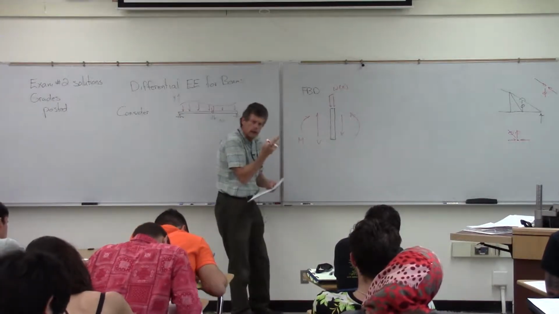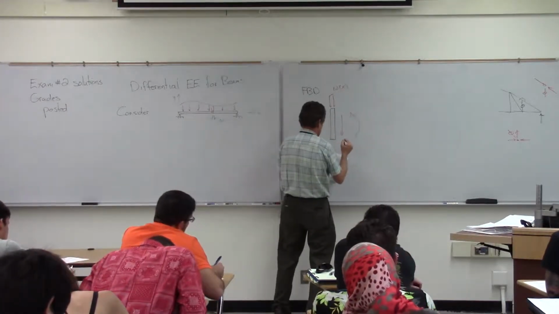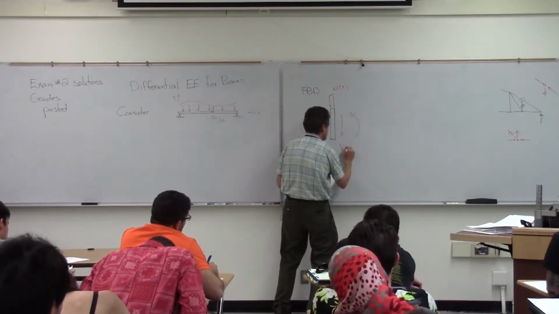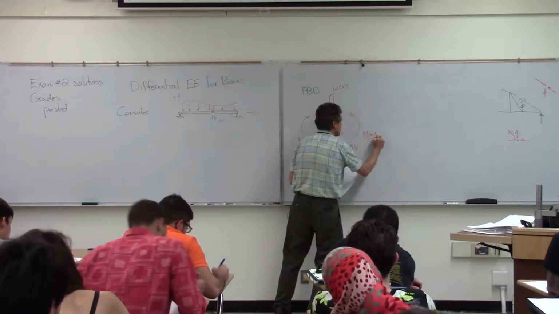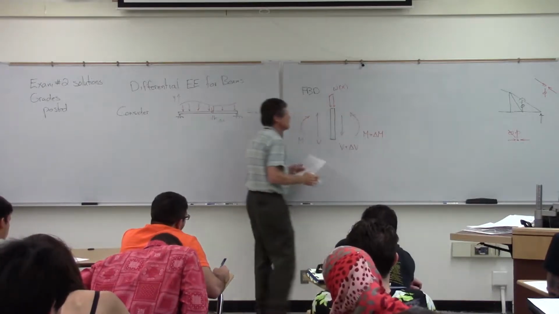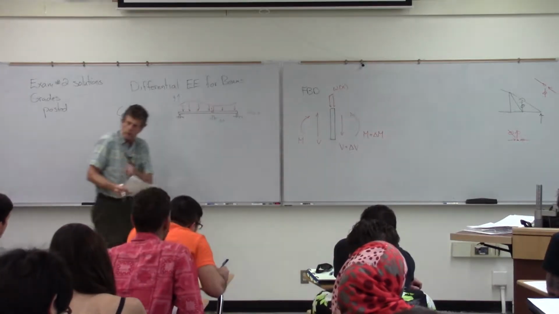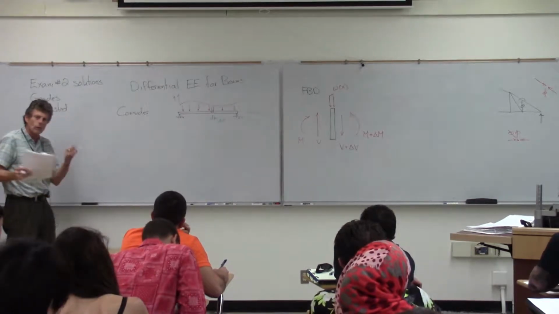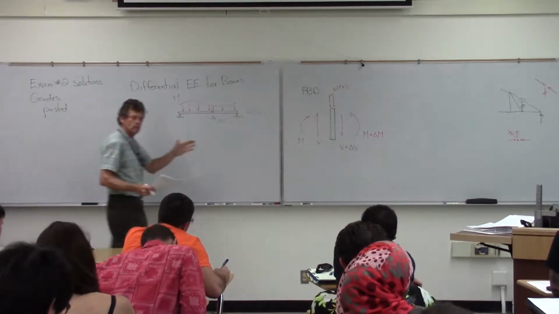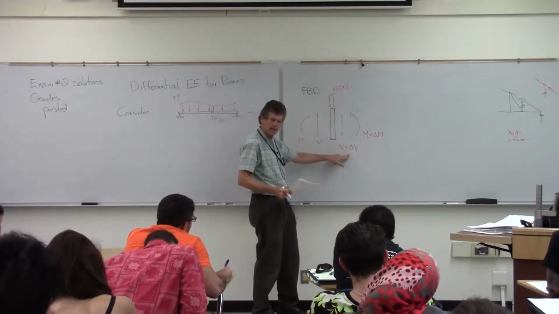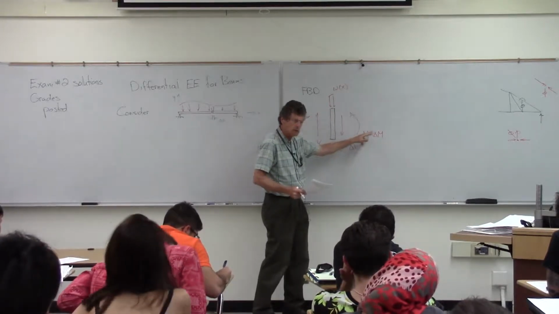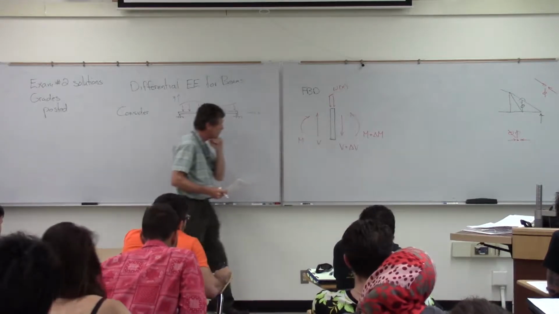And we'll note that because we've included this little bit of load, in order for that to be in equilibrium, shear can't be exactly equal to the shear here. There's going to be a little bit of change there. And then the moment's going to have a little bit of change also.